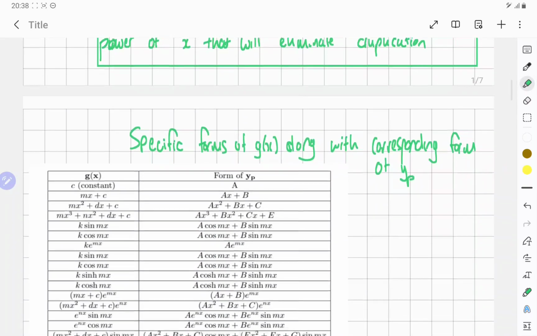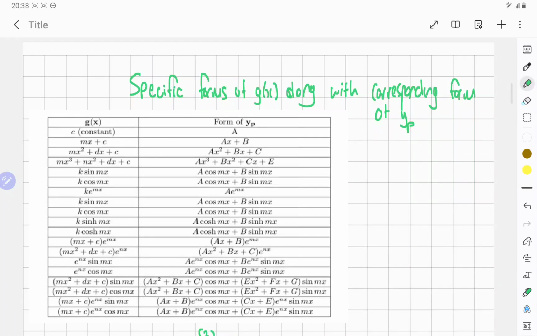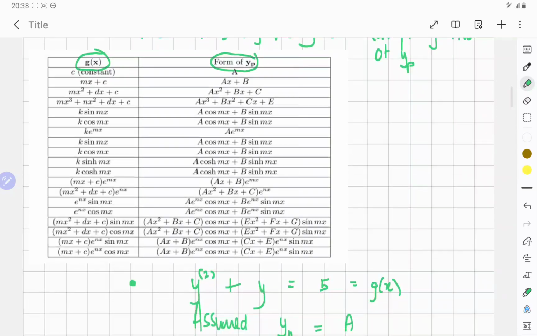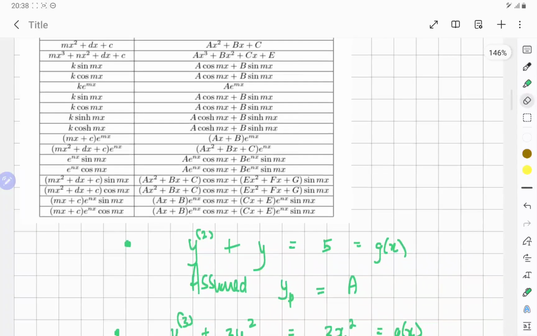So what do I mean by that? We're going to study this table where specific forms of g(x) along with the corresponding form of the particular solution are given. Now, it looks complicated, but as we do the examples, you'll see that there is not much to study. It is very easy to follow.